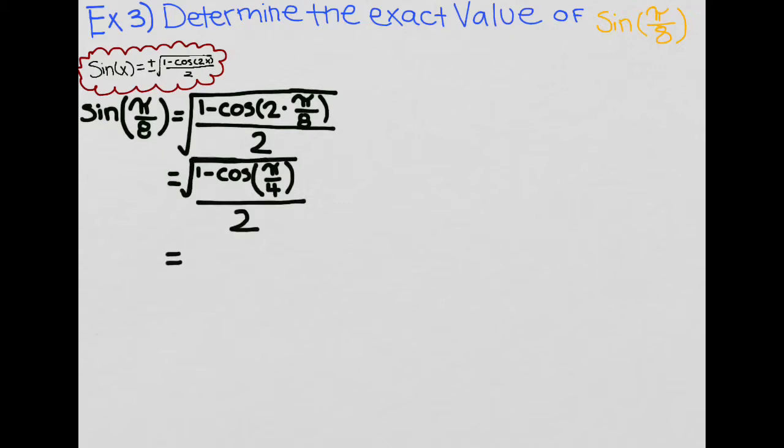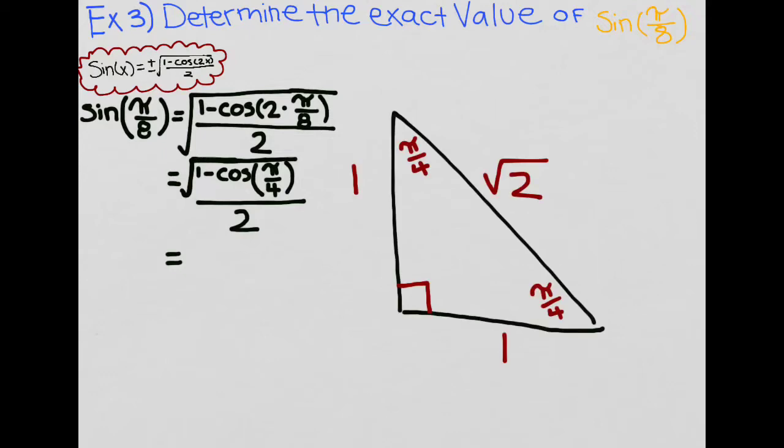Once we're done that step, we want to find the exact value of cos pi over 4, sorry, and we can determine that by using our special angle triangles. I'll just show you above to refresh your memory if you forgot. Here I've drawn the special angle triangle for pi over 4, and we know that adjacent over hypotenuse is 1 over square root 2.